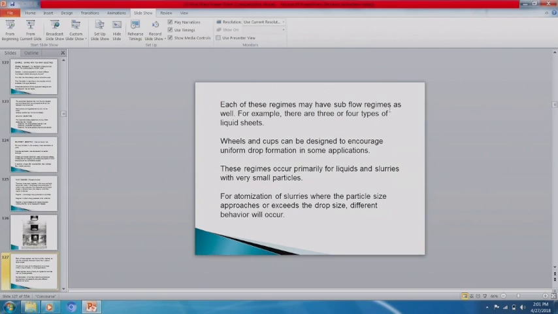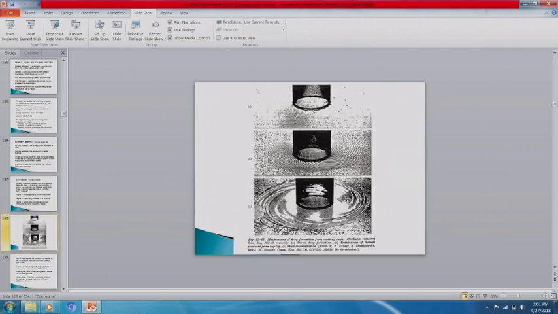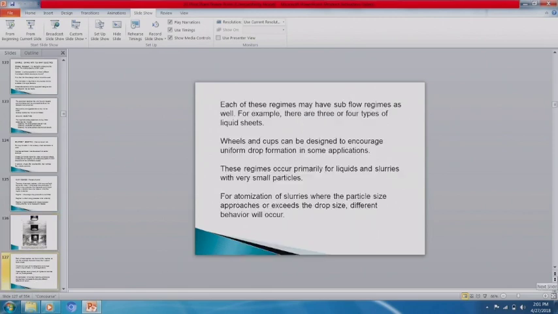Regimes have subregimes. Like there are 4 or 5 different types of liquid sheets. Drops and wheels can be designed to encourage uniform drop production. These regimes occur primarily with liquid slurries with very fine particles. For atomization of slurries where the particle size exceeds the drop size, you will have different behaviors, I'm sure.